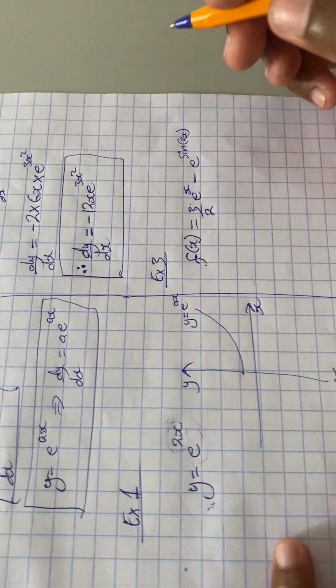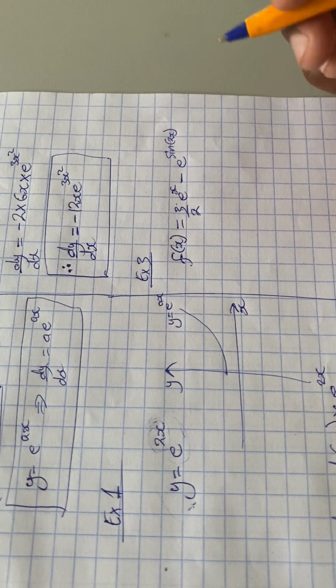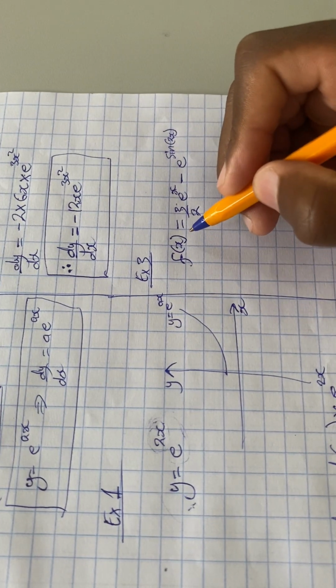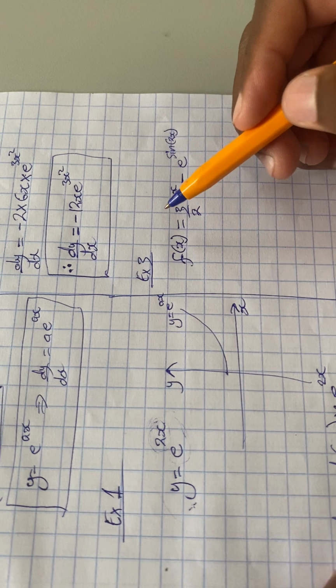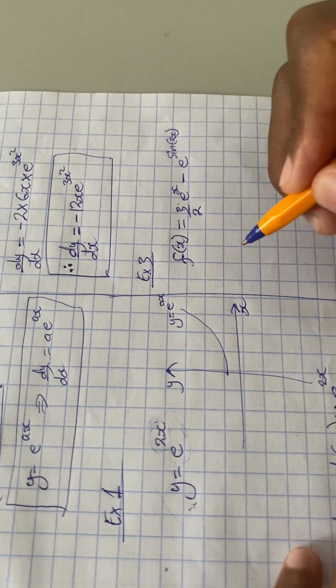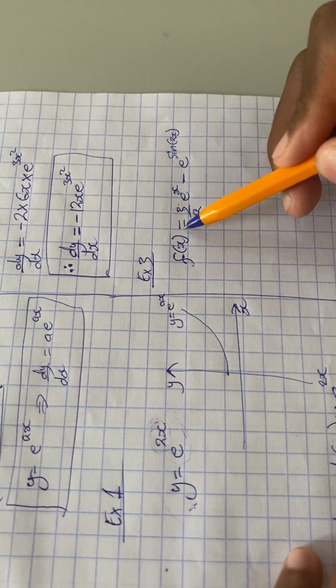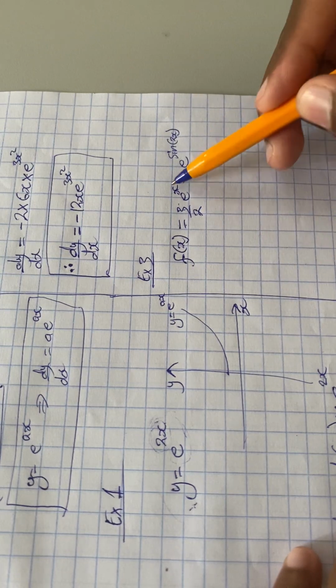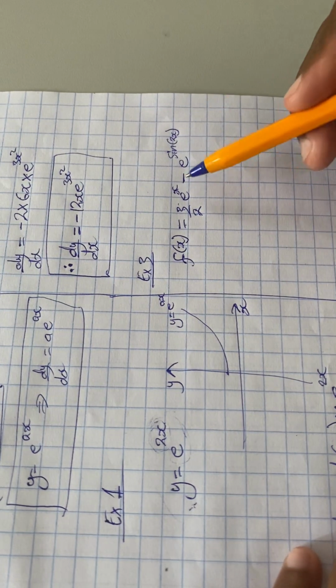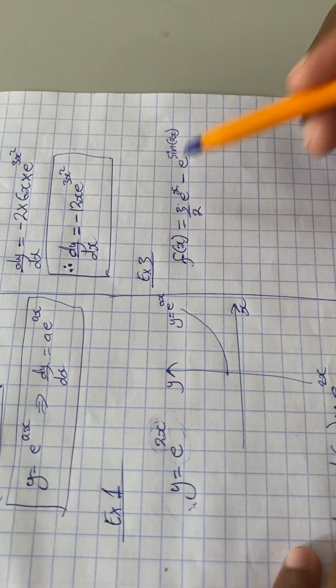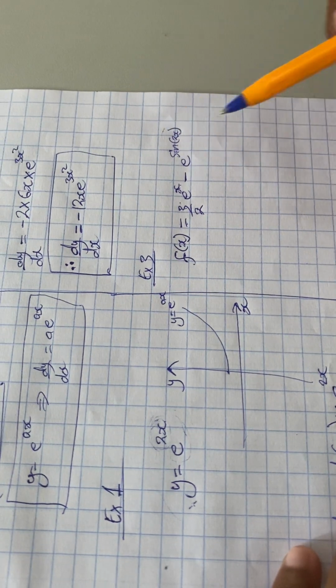It's still the same thing. Don't panic. This is how we go about it. After this equal sign, we have 2 terms, so we are going to find the first derivative of the first term and the first derivative of the second term.